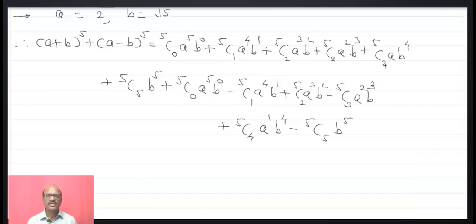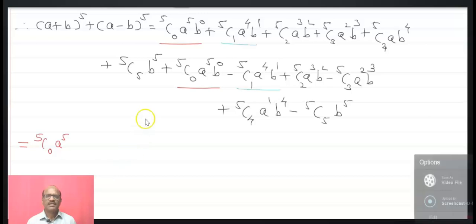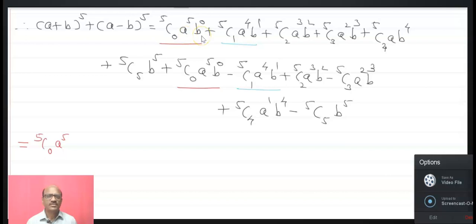Now what's happening? The terms again get cancelled there. You can see, and some terms are added there. Now here is 5C0 a raised to 5 b raised to 0. This has a plus sign, and here is again the plus sign. These two terms will get added. Next, 5C1 is a minus sign. These terms will get cancelled.